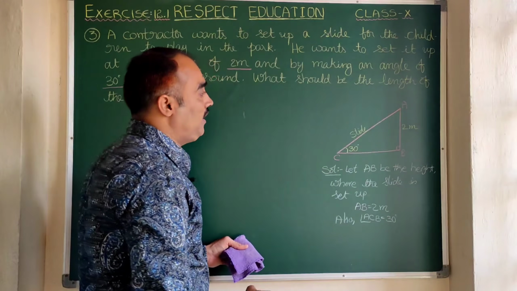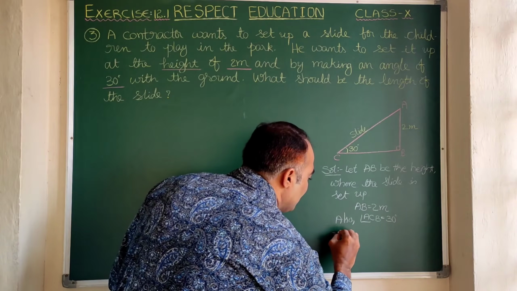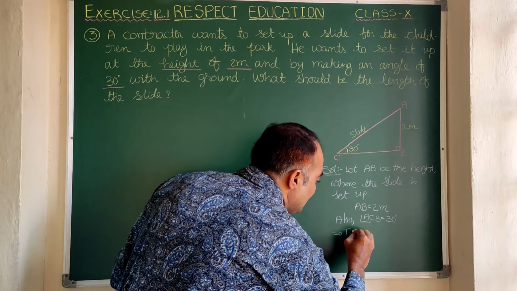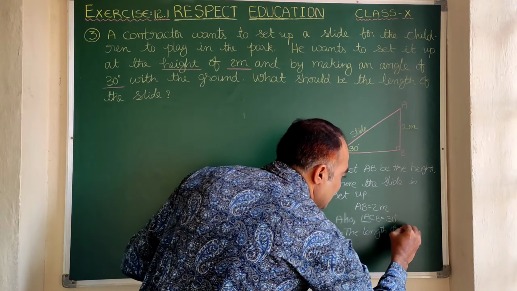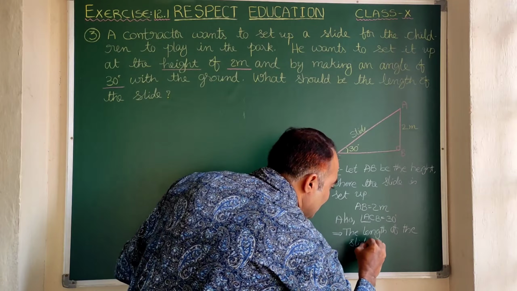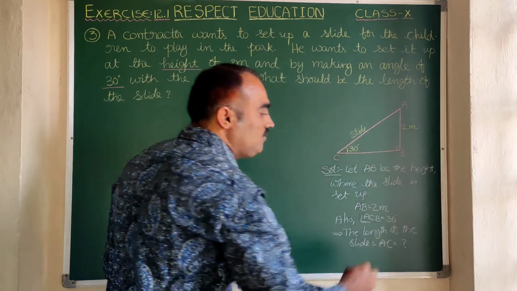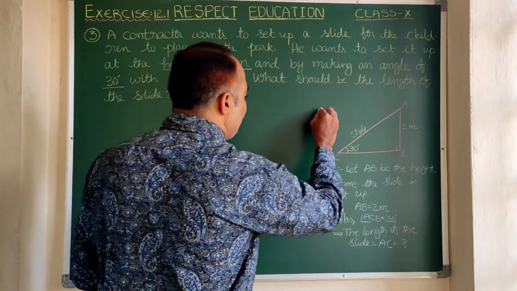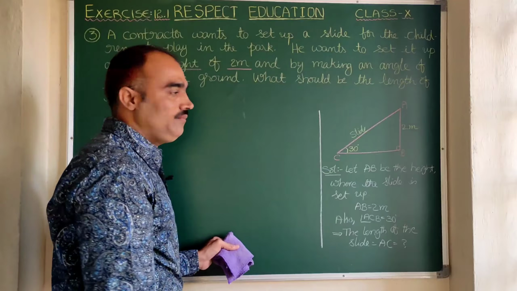Now what to find? Length of the slide. The length of the slide, that is AC, is the question mark. That is what we need to find. Now observe carefully.